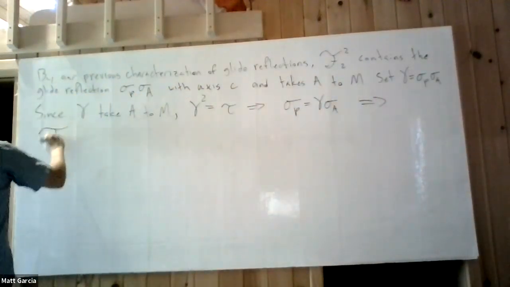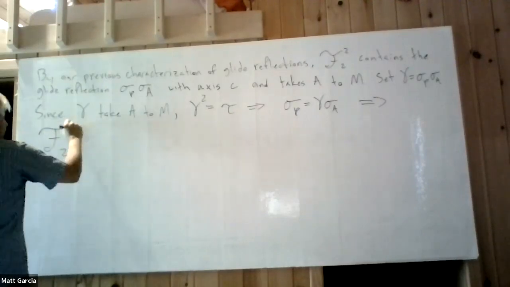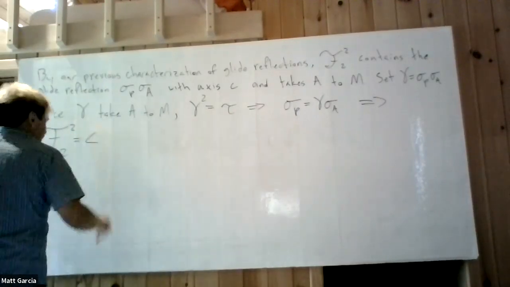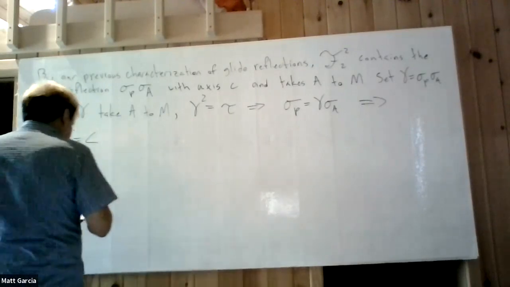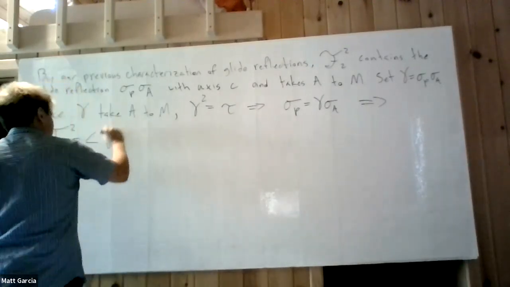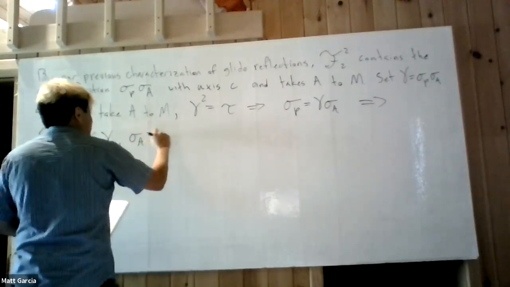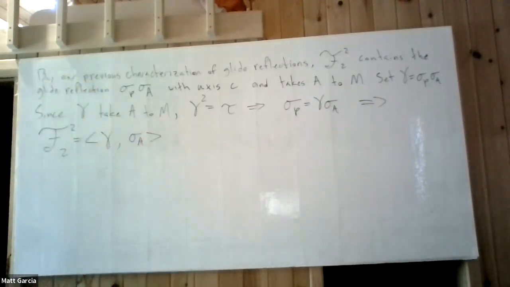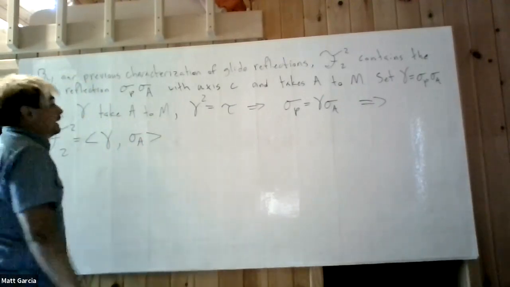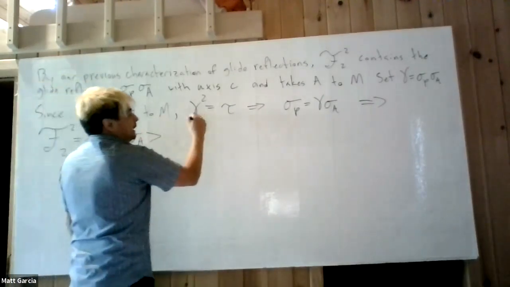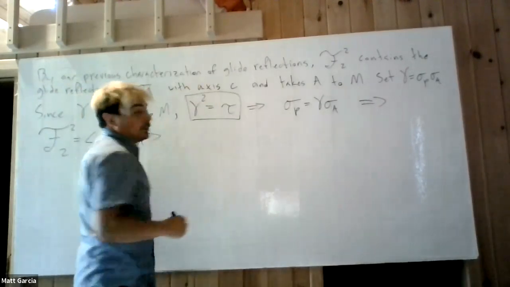That is to say, F22 can be written as just generated by gamma, comma, sigma A, right? And the reason we're able to do that is because of this relation. This fact about glide reflections.